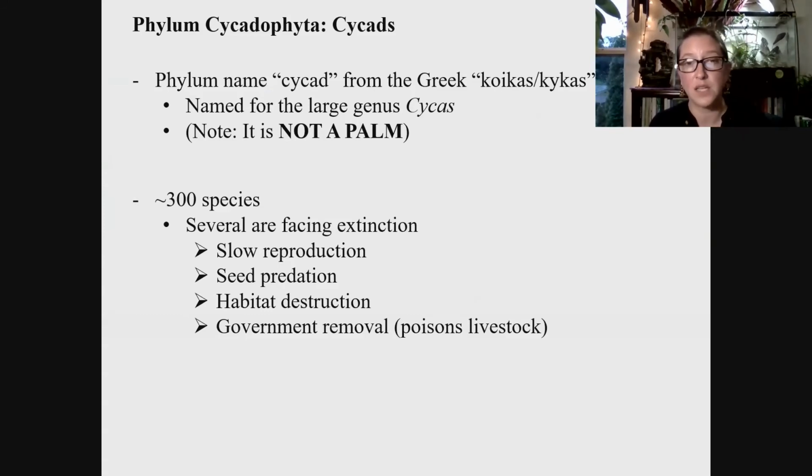Most of those are facing extinction for different reasons, including slow reproduction, habitat destruction, sometimes governments remove them because they're poisonous to certain livestock, and also seed predation, such that the seeds get destroyed and can't grow into another plant.